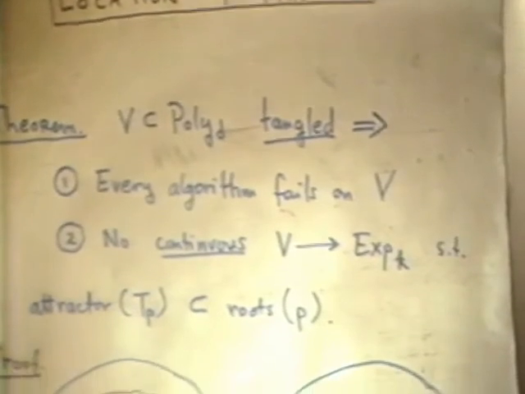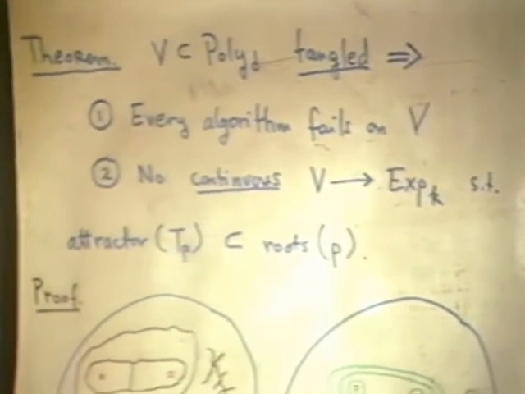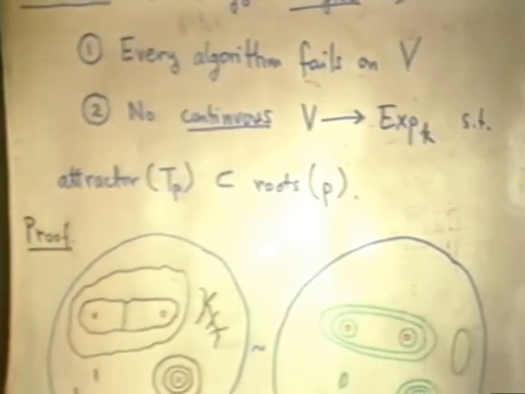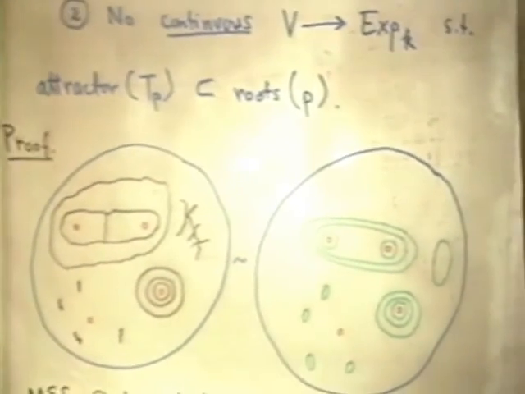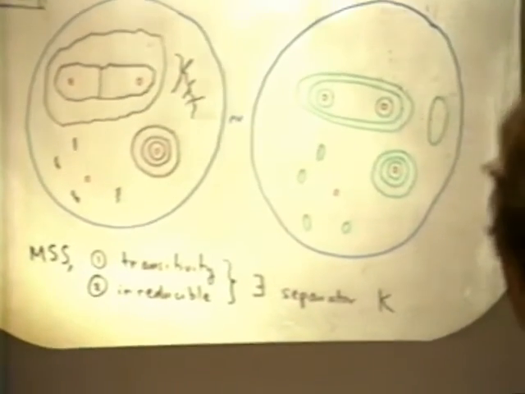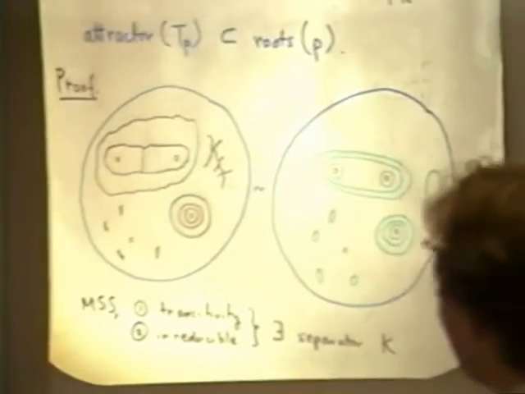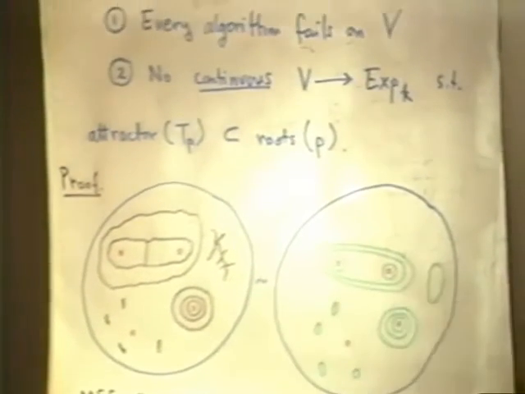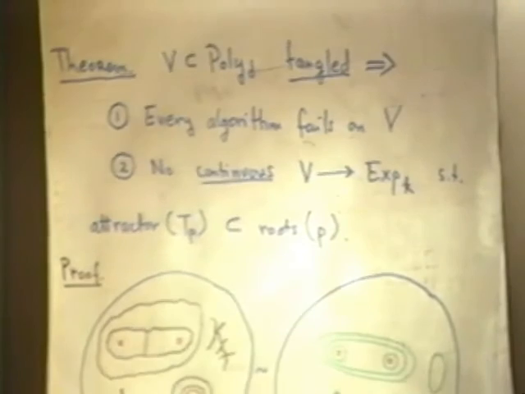So this says, here's a purely topological criterion for many subsets of polynomials where no purely iterative algorithm can be generally convergent. Now there's a slightly stronger statement having to do with robustness.